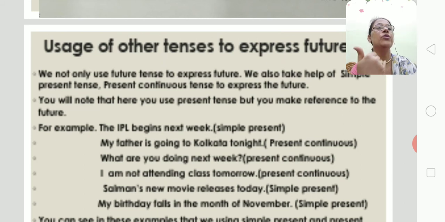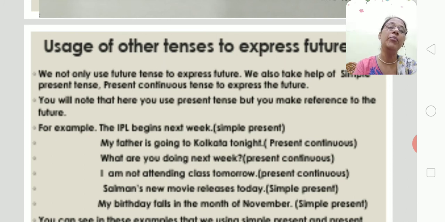So, see, I have used the present continuous form, but I am talking about night. Has the night yet come? No. The night will come, no? So see, is going, is returning can be used to express future.